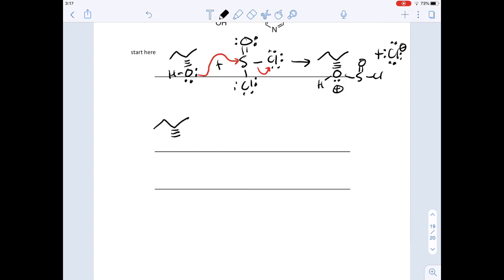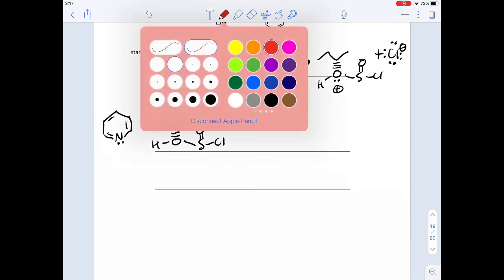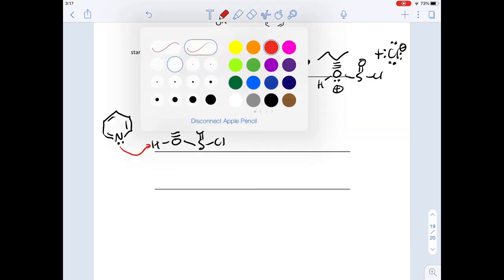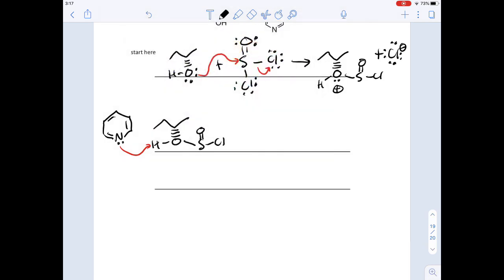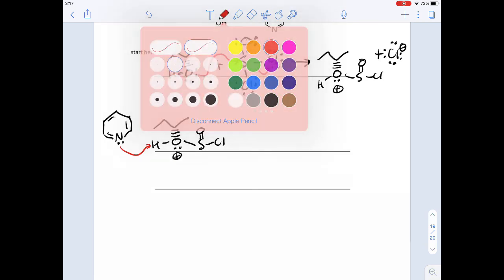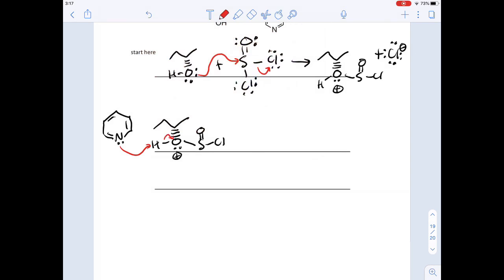But in the next step, you're going to use the pyridine to deprotonate the O. So pyridine is going to deprotonate the O. And the electrons are going to move back to the O.